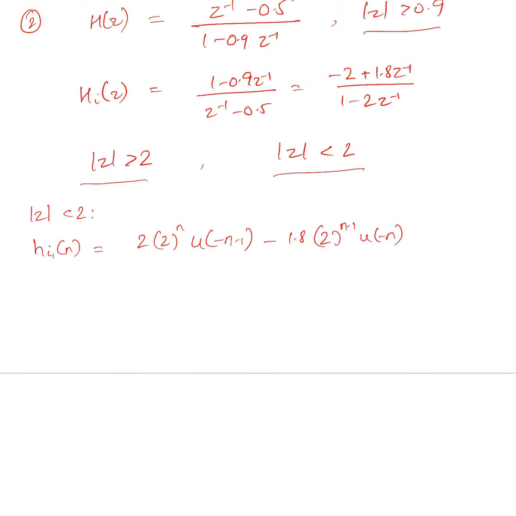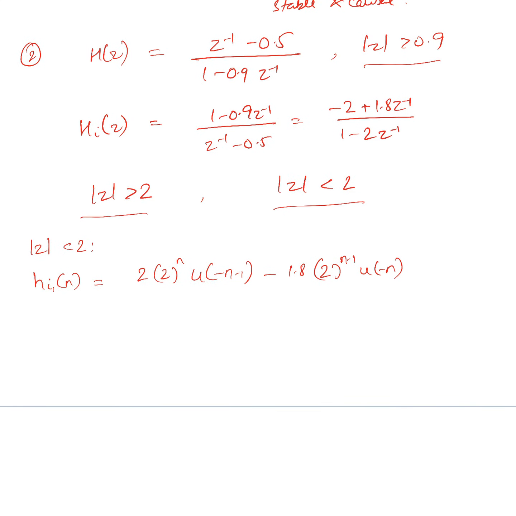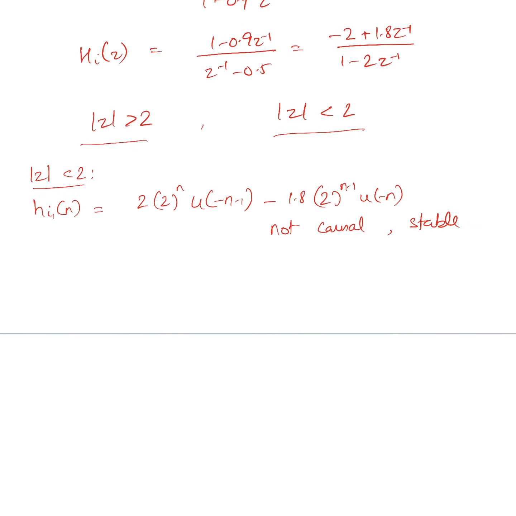So when you have this mod z less than 2, you see that the system is not a causal system, but it is stable, because mod z less than 2 includes the unit circle.